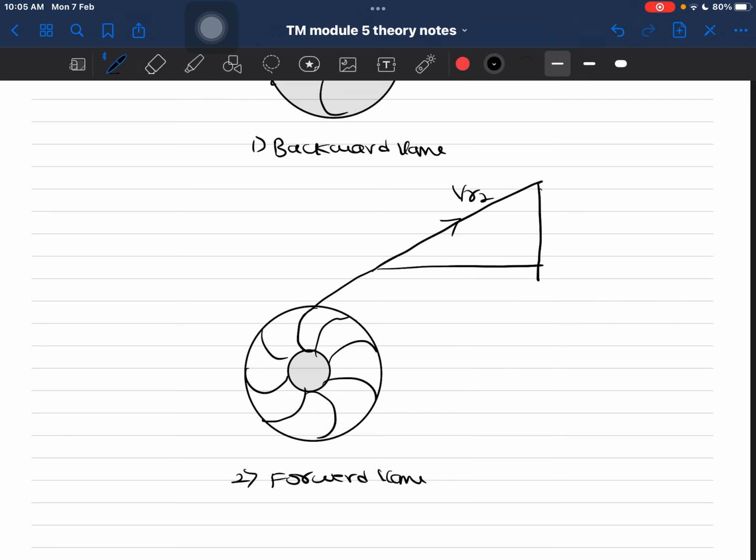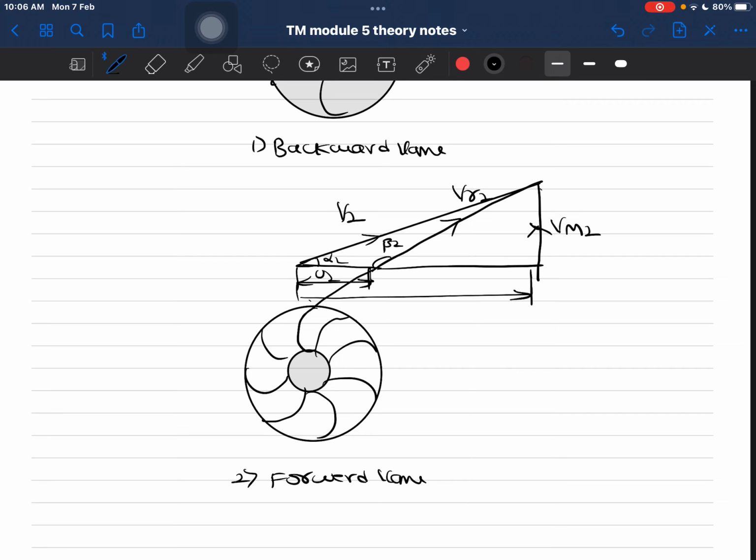Vr2 will come in the middle. This becomes your V2 and Vm2. This is beta 2, alpha 2. This is U2 and Vu2.